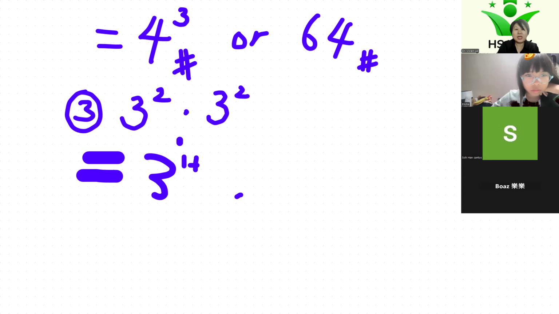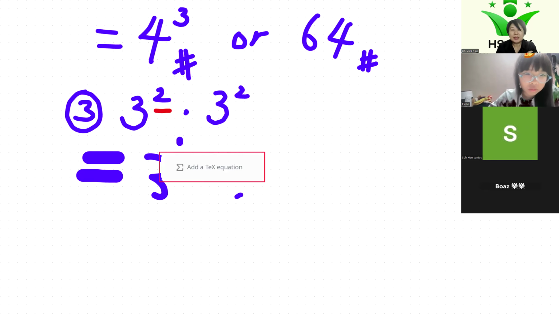Look at the first index, is it 1 or 2? The second is right. What about the first?